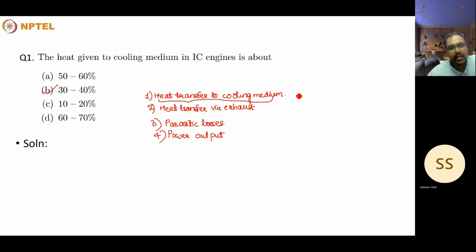So that will also be an energy, and also the net power output, the brake thermal efficiency, brake thermal power. So that also will be a part of the total energy produced. So the total four will be combining together to give 100%, and out of that, the heat transfer to the cooling medium or water jacket will be comprising close to 30 to 40%.